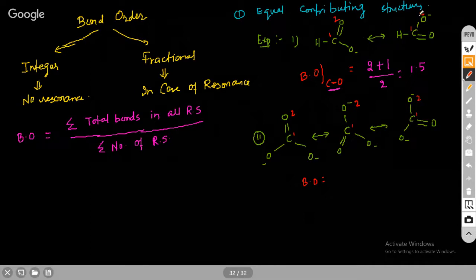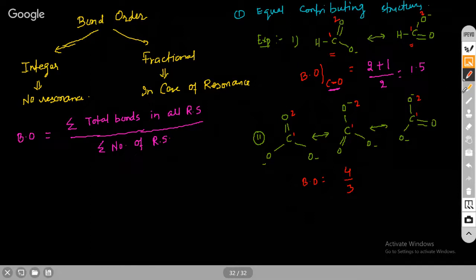So the number of carbon oxygen bonds present in this structure is 2, and in this structure is 1. So 2 plus 1 divided by the total number of resonating structures, 2. So 2 plus 1 by 2, 1.5. Right? Similarly, here you see bond order will be what? 2, 3, and 4. So 4 divided by 3. So 4 by 3 is the bond order.